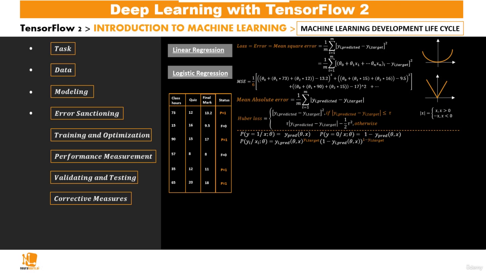And if we were to repeat this for the m different data points, in this case m equals 6, we'll have a probability distribution defined as such: p of y given x and theta equals the product of y_i pred to the power of y_i target times 1 minus y_i pred to the power of 1 minus y_i target, multiplying all these terms together from i equals 1 to m.